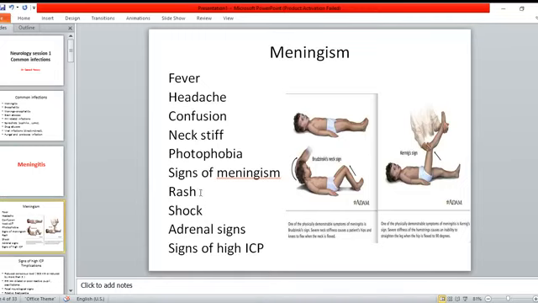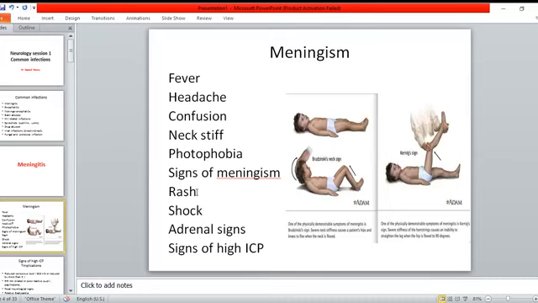There are some specific signs you may be provided in the scenario. If you have been provided with a rash, that means a non-blanching rash on the limbs, this vasculitis rash points to the presence of meningococcal meningitis, and maybe we have a meningococcal septicemia.